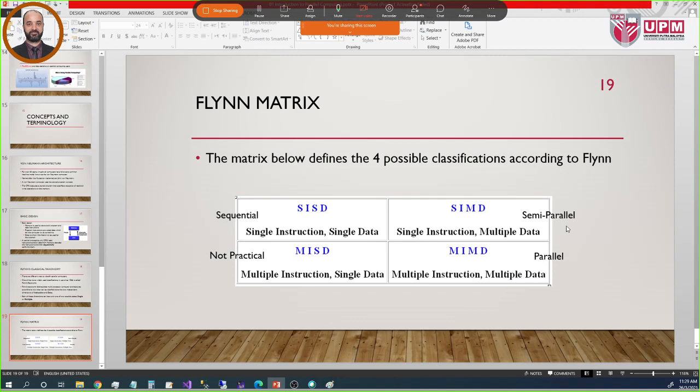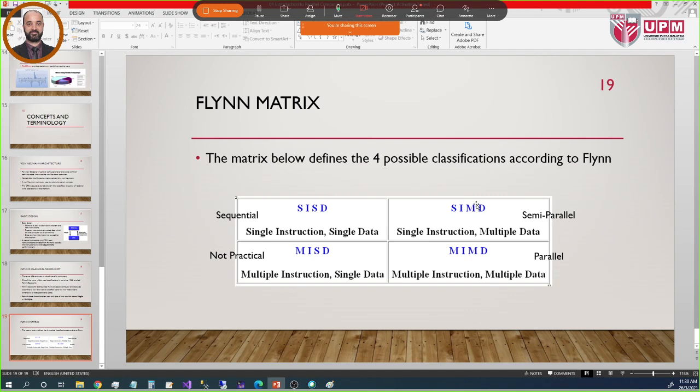So we cannot say fully parallel, and we cannot say sequential, because even though they are running the same instruction at the same time on multiple processors, every processor still manipulates different data. So we can manipulate multiple data at the same time, even though we are still using a single instruction. Somehow it's something between parallel and sequential.